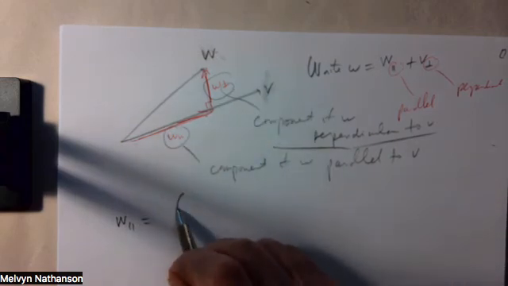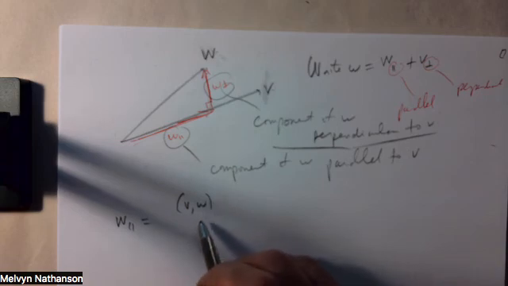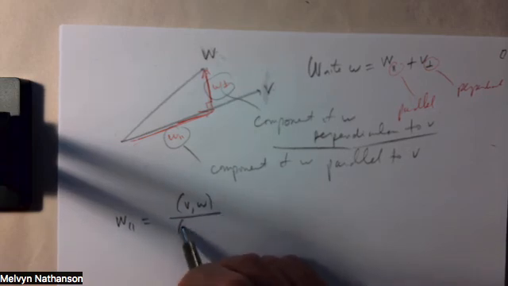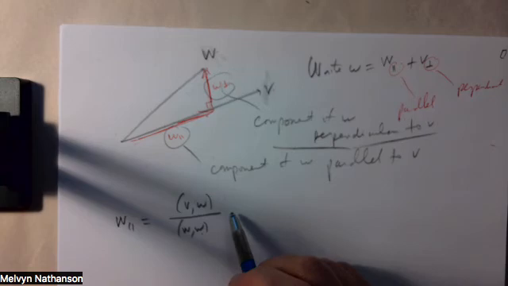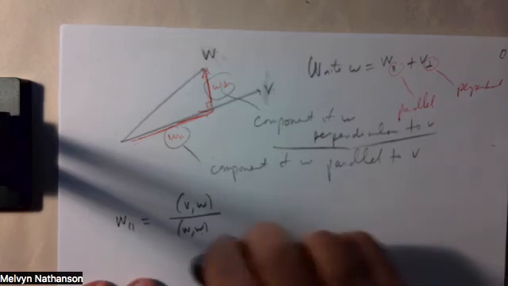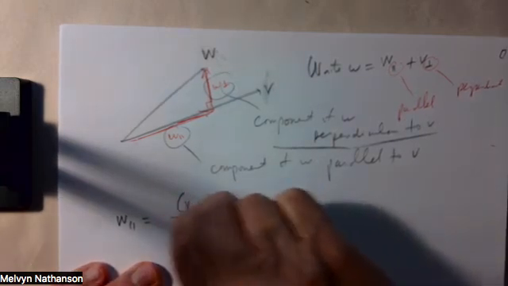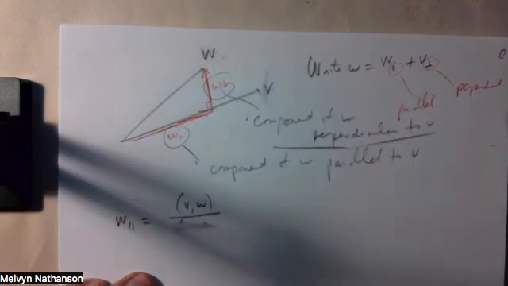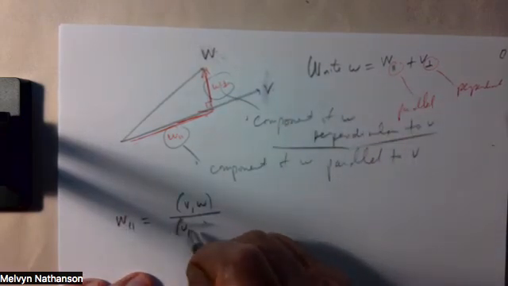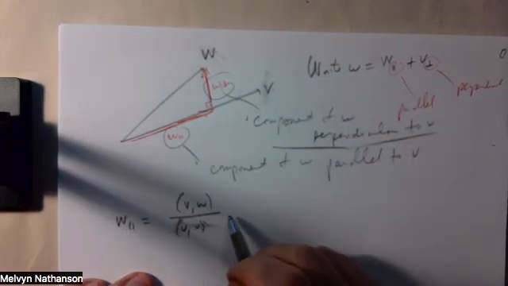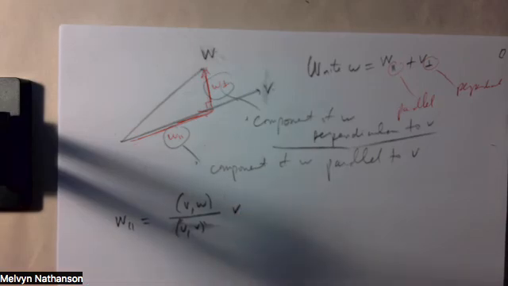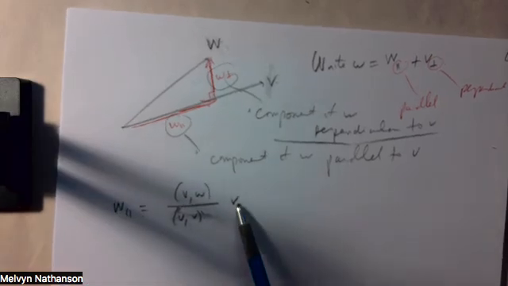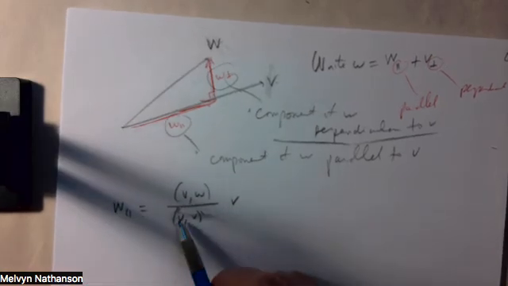Suppose I take the inner product of v and w divided by the inner product of v with itself, times v.